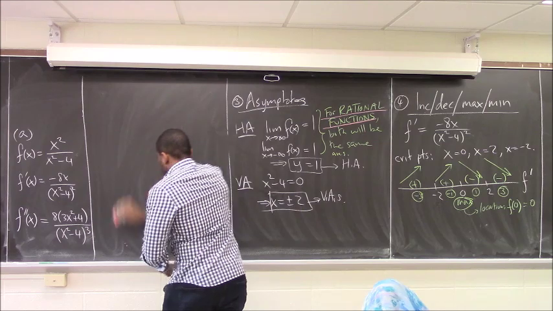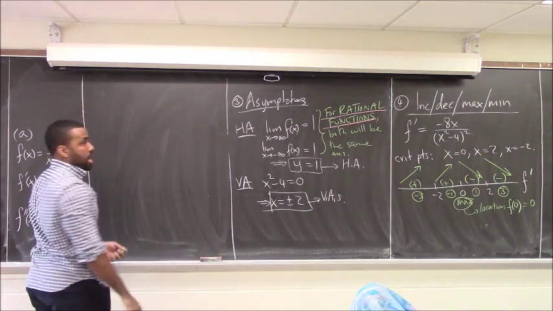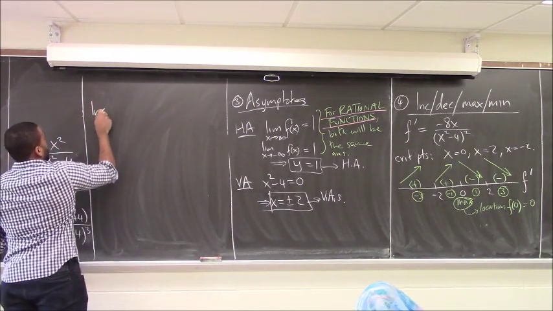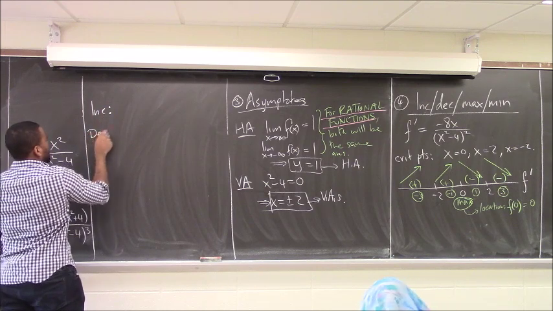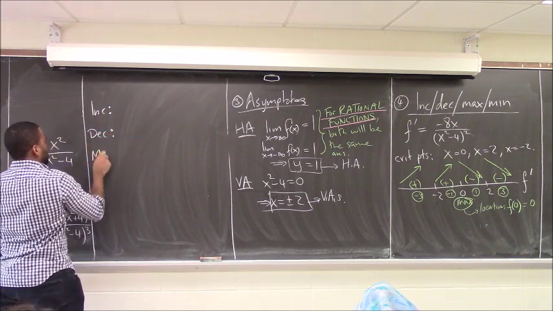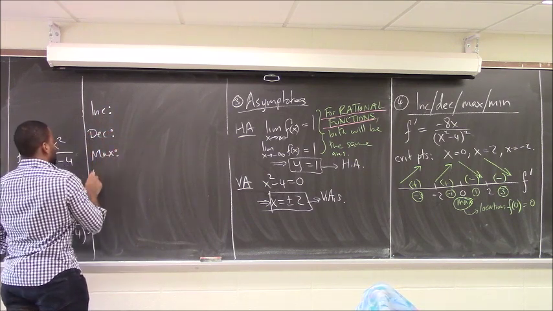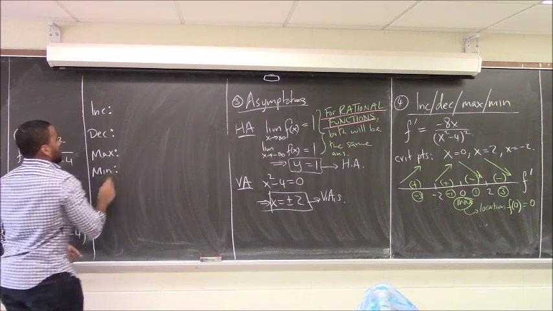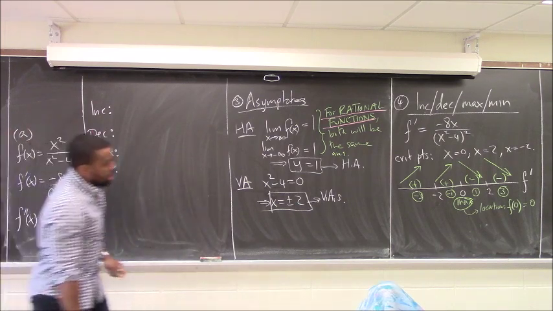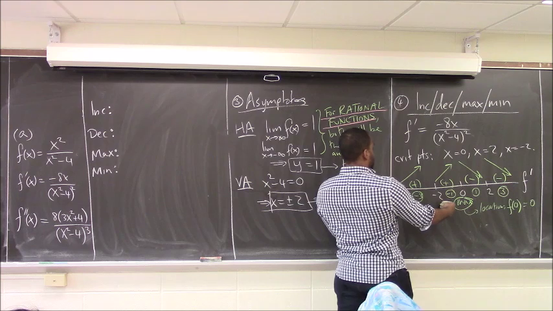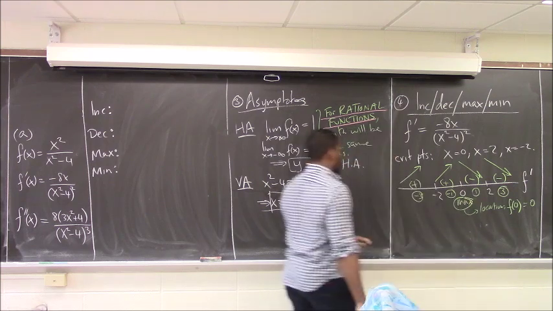So now I can summarize that and answer the problem, which I'm going to write here as increasing, decreasing, max, min. We are increasing on negative infinity to negative 2 and negative 2 to 0.